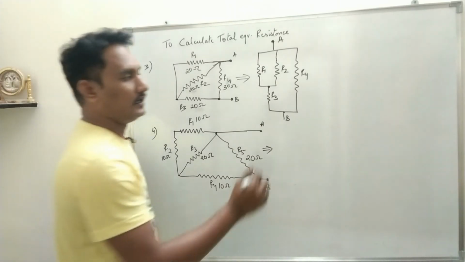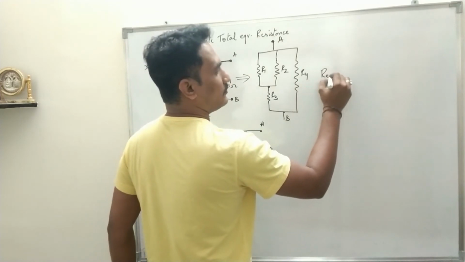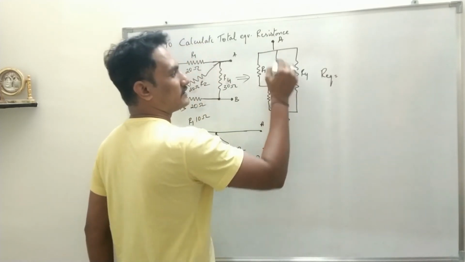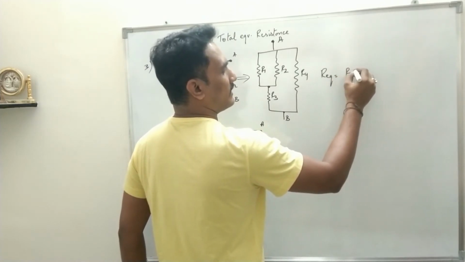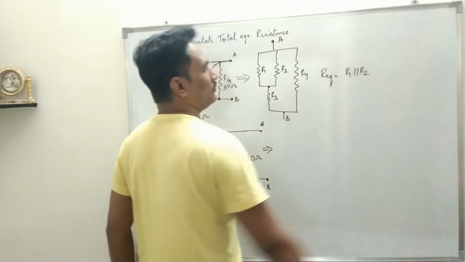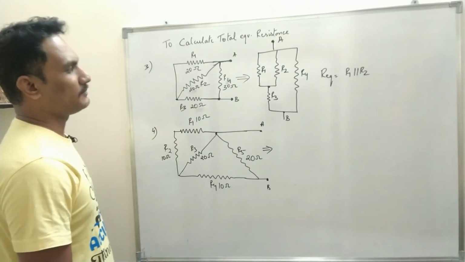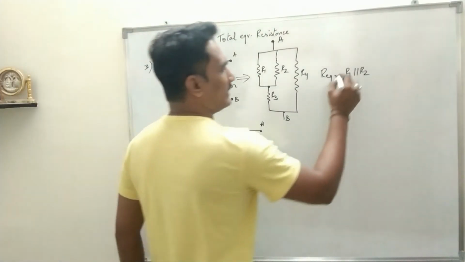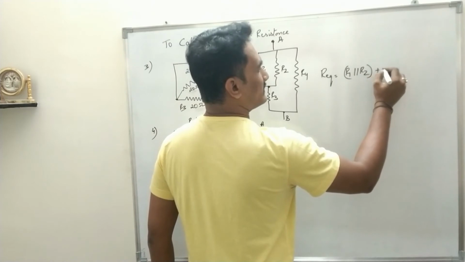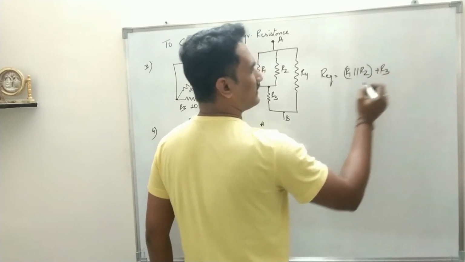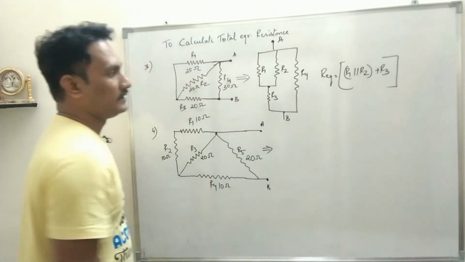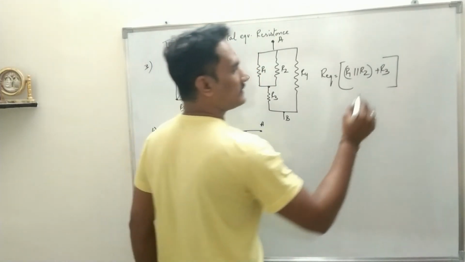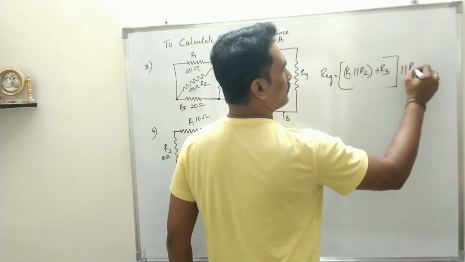So now R equivalent is, first we will start with this parallel combination, that is R1 is parallel to R2, and this entire combination is in series with R3. So plus R3, and this entire combination is in parallel to R4.